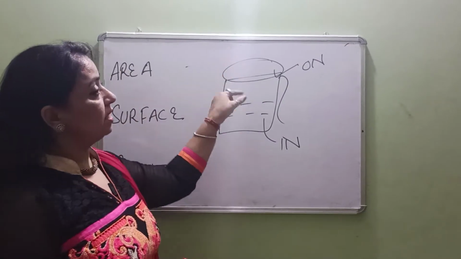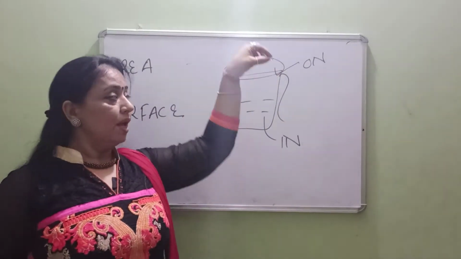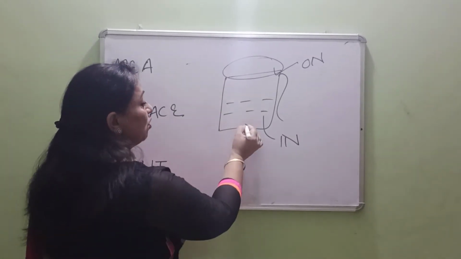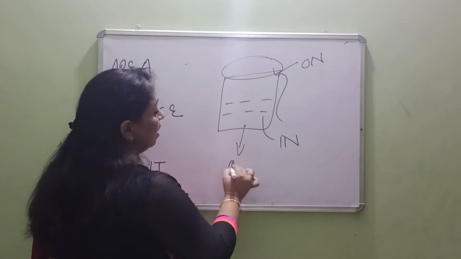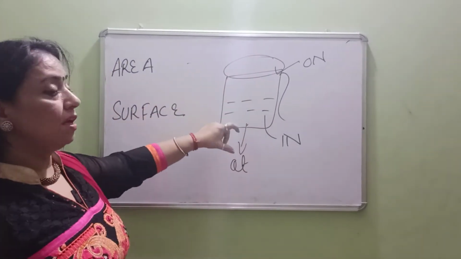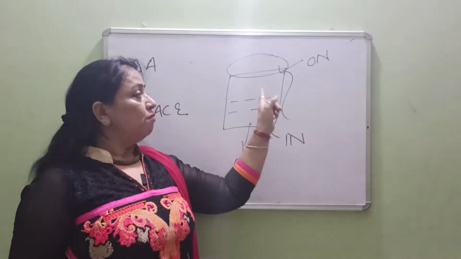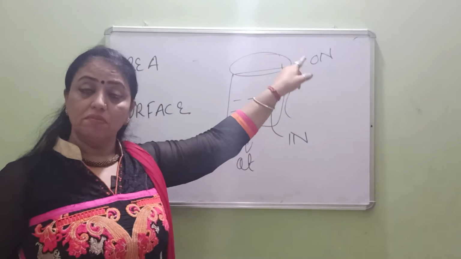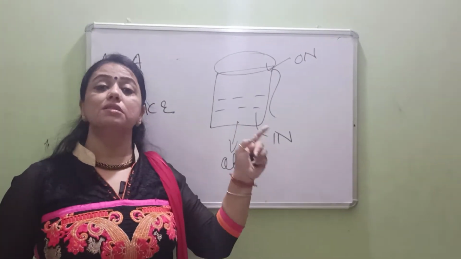So I put the lid on the surface of the jug. Then I took a pin and I dropped it there. It is in the water. Where is the pin now? The pin is at the bottom of the jug. So you see all three in the same situation. When we are talking about the area of something, in; when we are talking about the surface of something, on; and when we are talking about the point of something, here it is at.